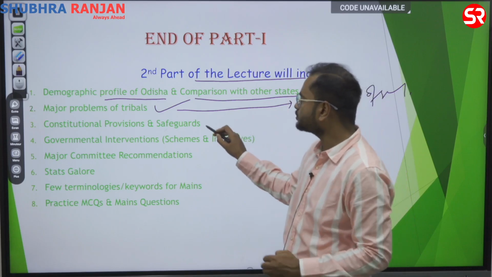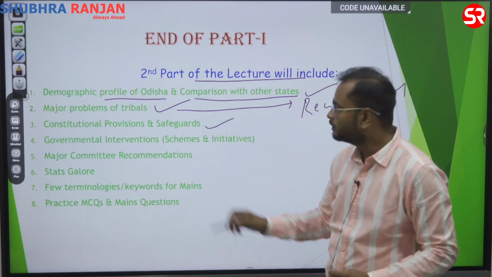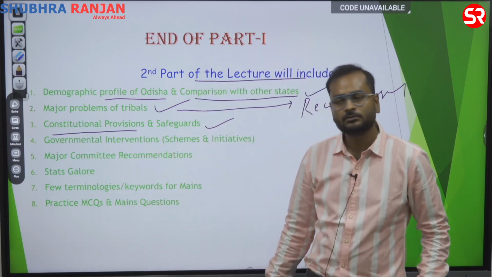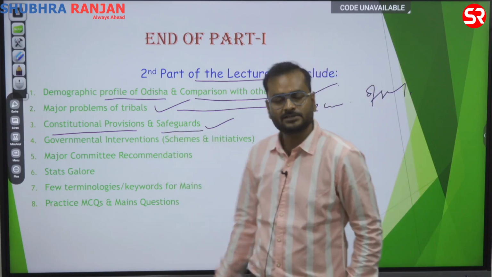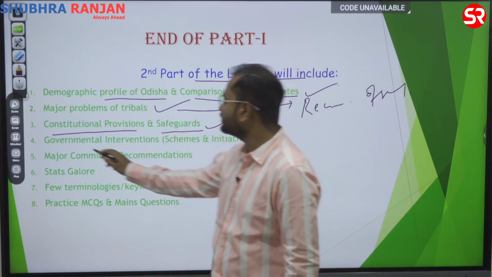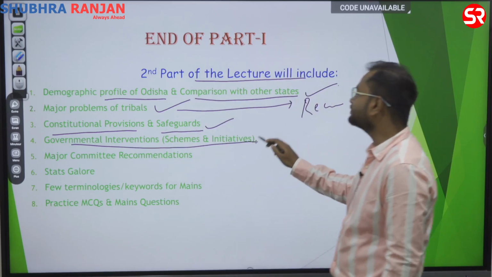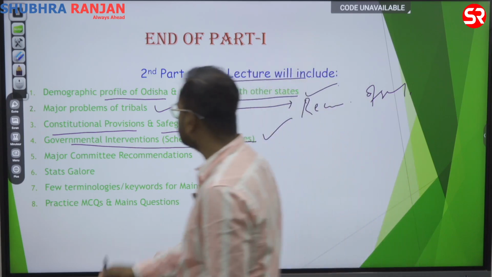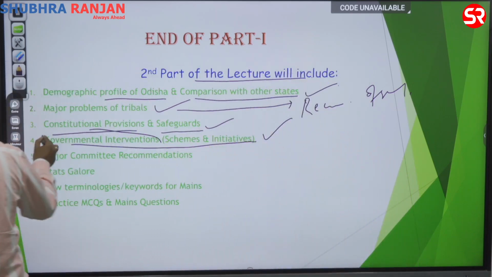The third thing is constitutional provisions. What has the constitution provided for the scheduled tribes? Okay, and what are the other safeguards? We'll look into it. The next thing is government interventions, schemes and initiatives. Please go to your syllabus, GS paper 2 social justice, you'll find this term, government interventions.